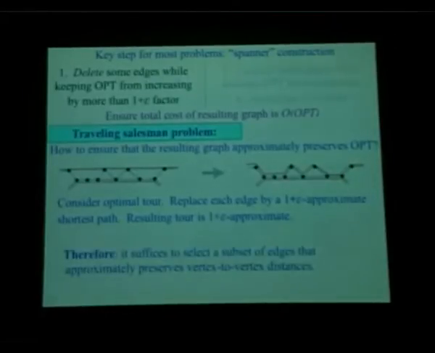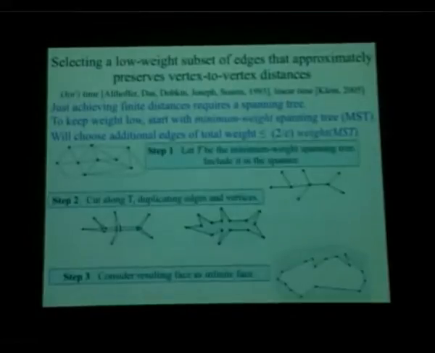All right. So our goal is to select a subset of edges that approximately preserves vertex to vertex distances. Now, how would we do this? Just to start us off with some intuition.